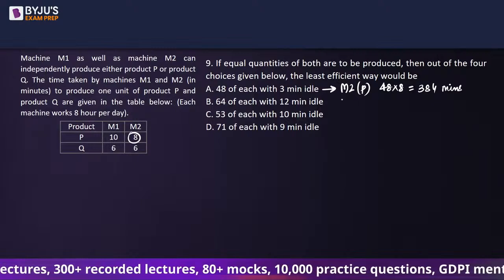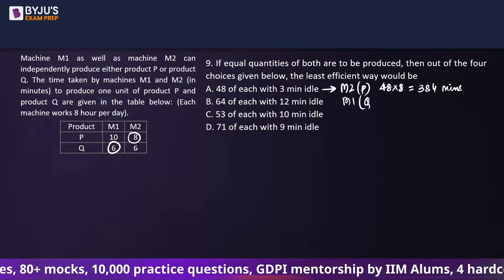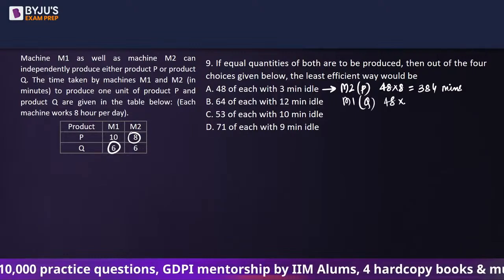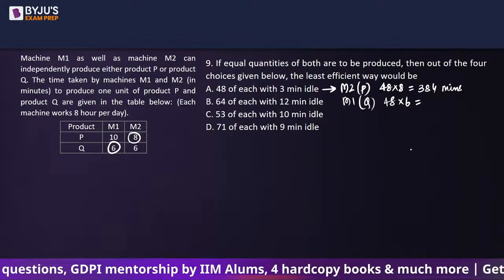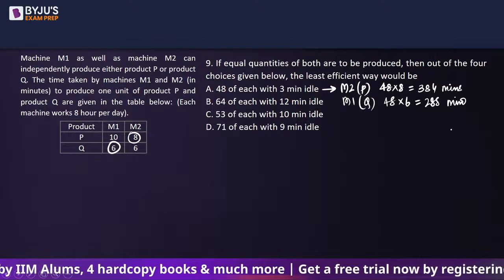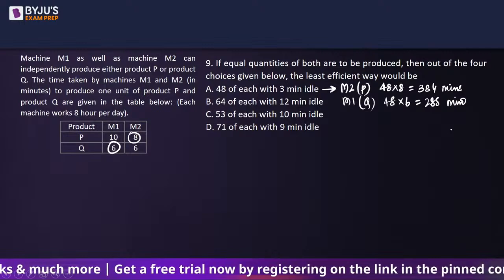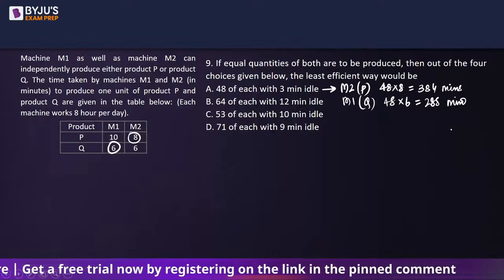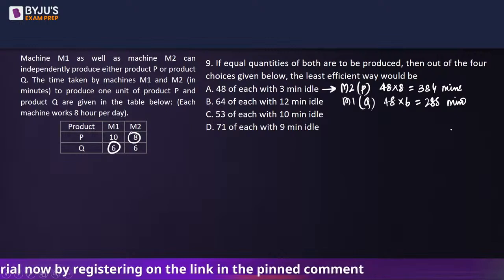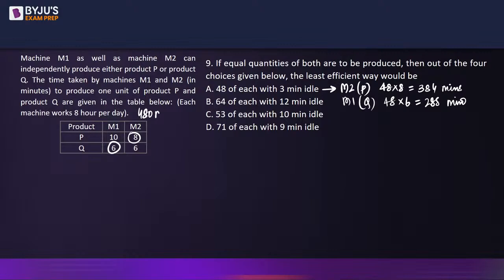Okay, and M1 will be producing Q. So 48 into 6. So this is going to give us 288 minutes. We have got 8 hours. So 8 hours would mean 8 into 60, 480 minutes.